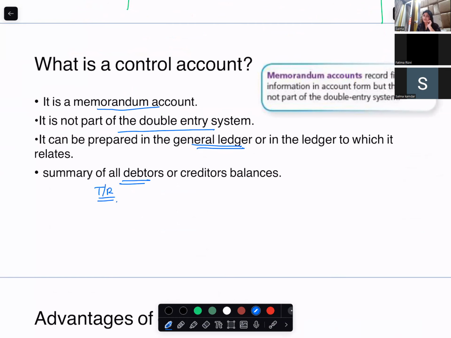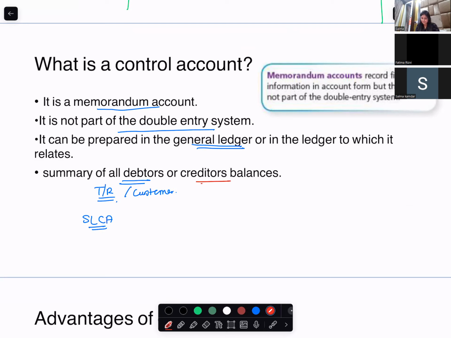The trade receivable or customer account resembles which account? SLCA. What is the full form of SLCA? Sales ledger control account.